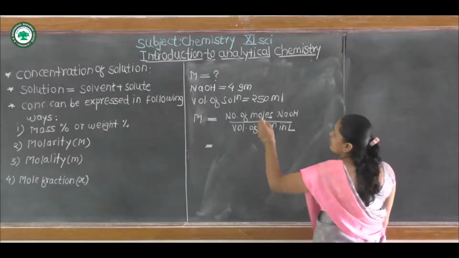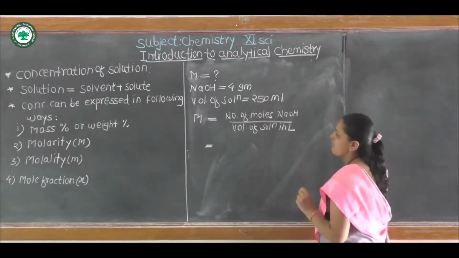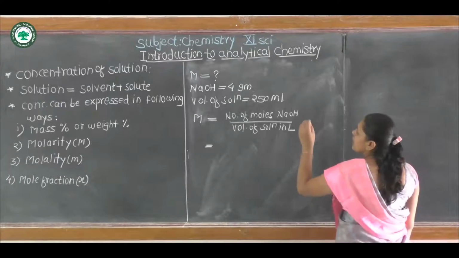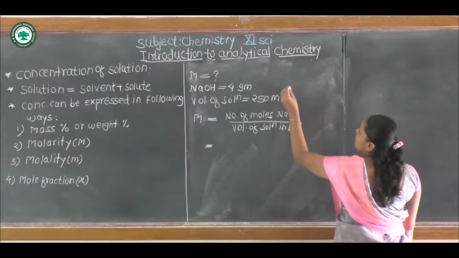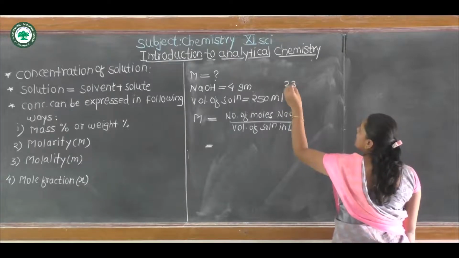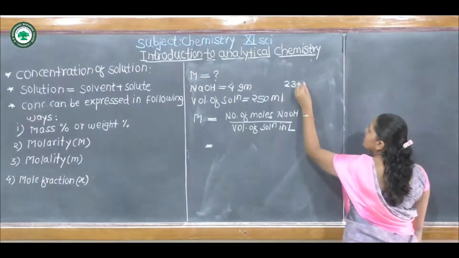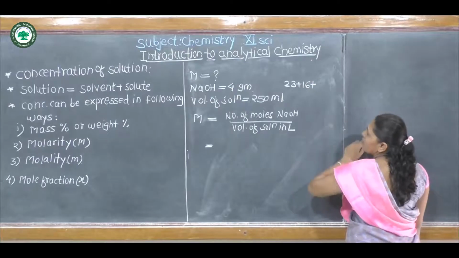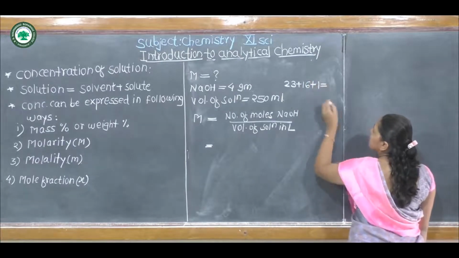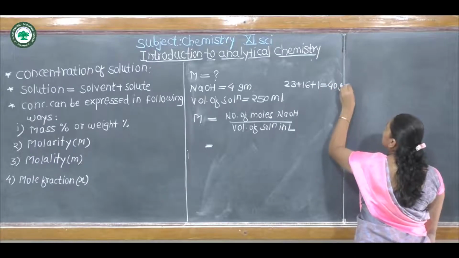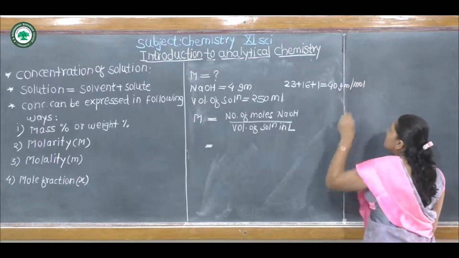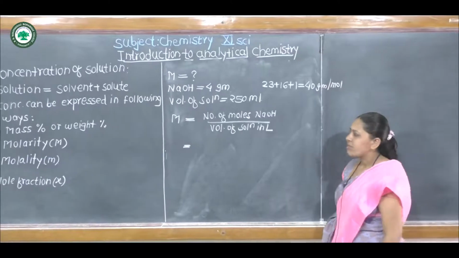Therefore, here we have to calculate molar mass of NaOH. We know that atomic mass of sodium is 23, atomic mass of oxygen is 16, and atomic mass of hydrogen is 1. Therefore, 40 gram per mole is the molar mass of NaOH.